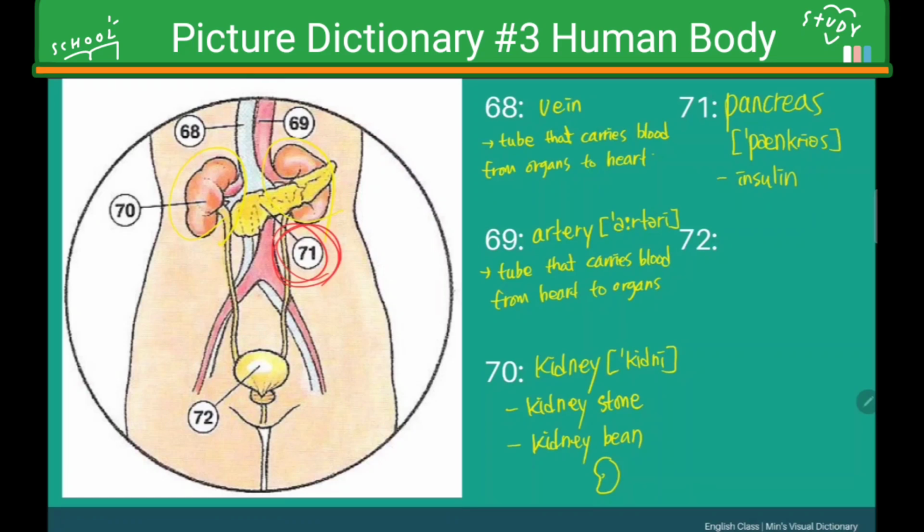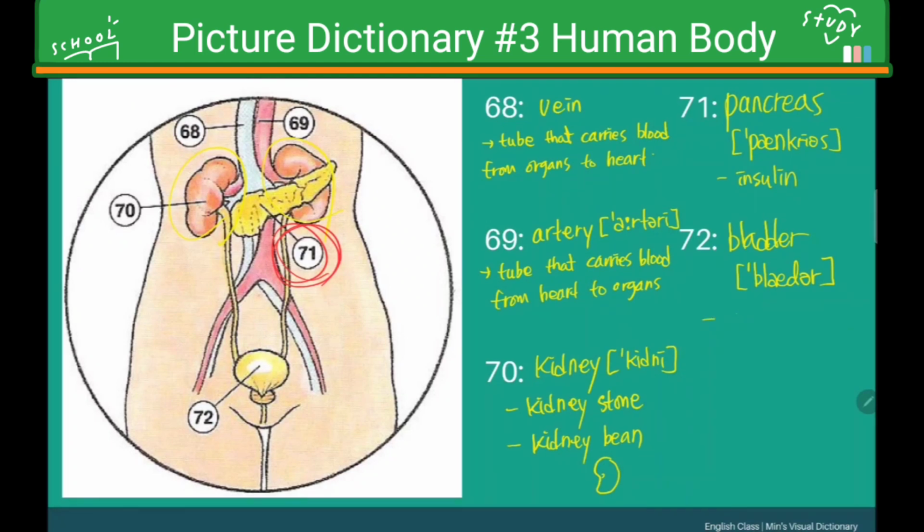Okay, and number 72 is the last organ that we have. This is our bladder. The pronunciation is like this. The stress is on the first syllable, so bladder.